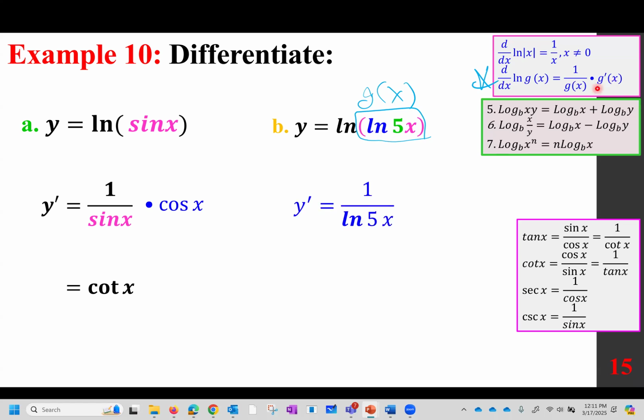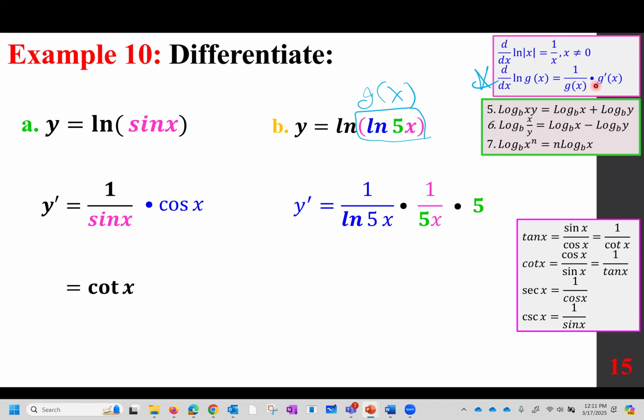Then g prime. Now you need to differentiate ln of 5x, and you are going to use this again. How do you differentiate this? Flip this over, 1 over 5x, and then times its derivative, 5. So we use the chain rule in conjunction with the logs, how to differentiate a log 2 times.